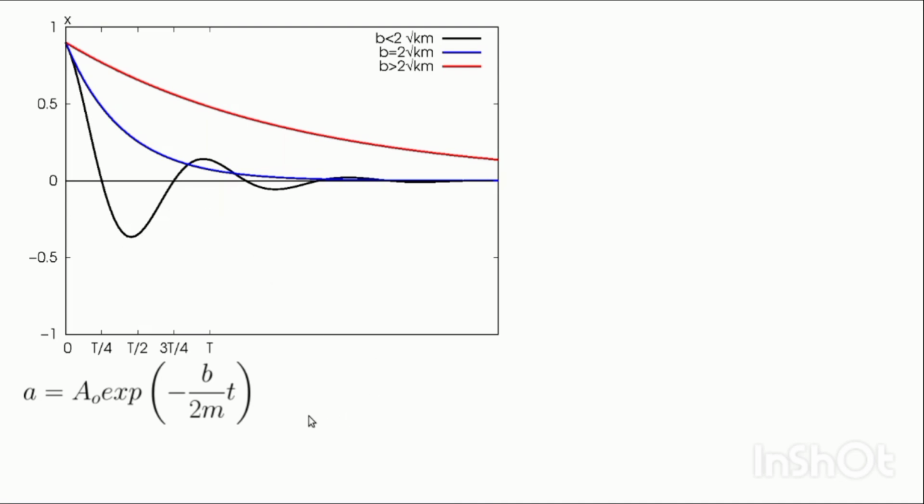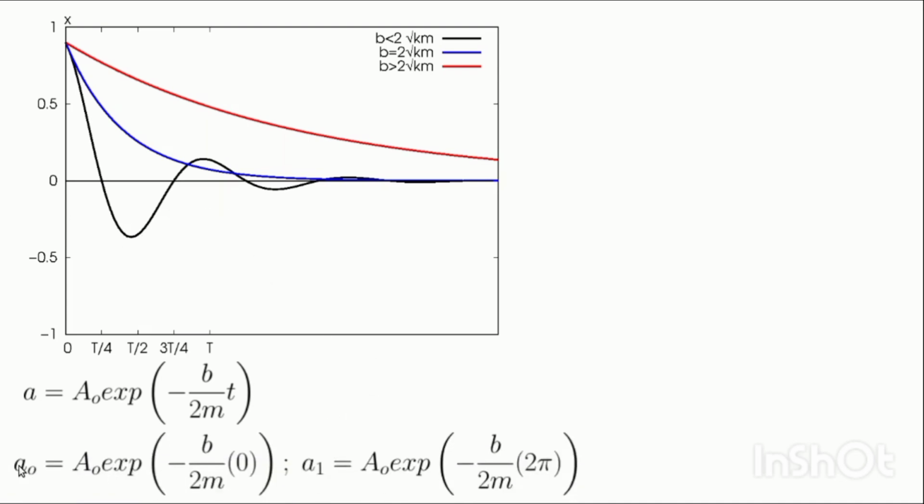So we can say that A naught is equal to A naught exponential of minus B over 2m times t, when t is 0. That's from here to here when t is 0, which we call our amplitude A naught. Then A1 is from here to here, when t is 2 pi. Then we have the next one.